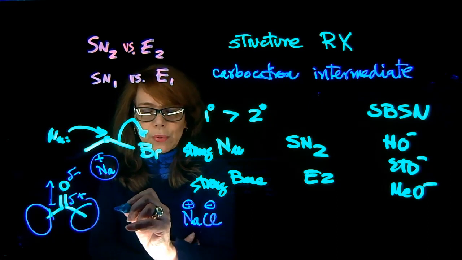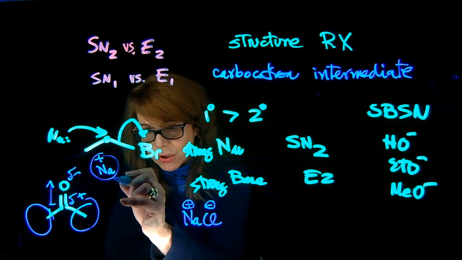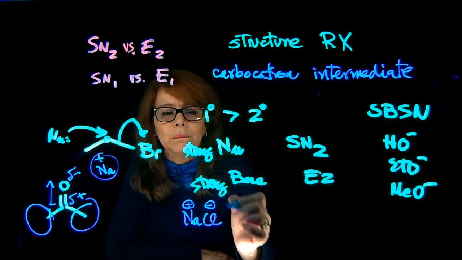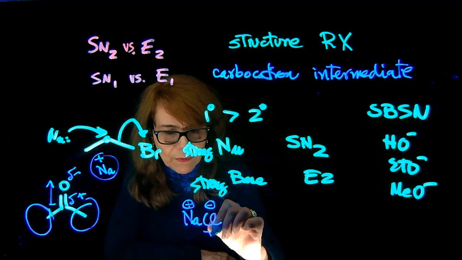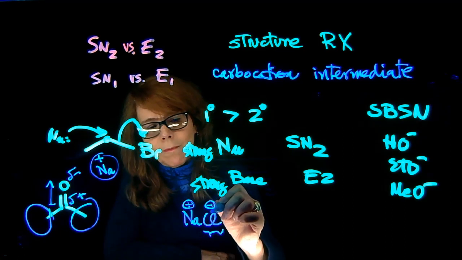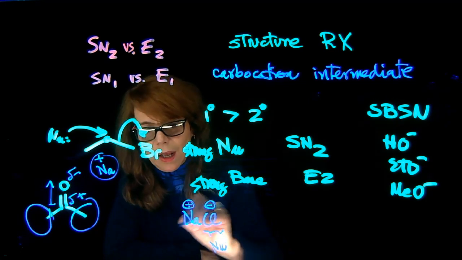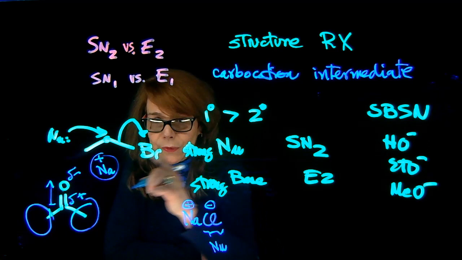So polar aprotic solvents are good at solvating the counter ions, such as sodium or potassium, but they do not solvate, meaning surround, the nucleophile. That's your nucleophile, and because of that, it is available for the attack.